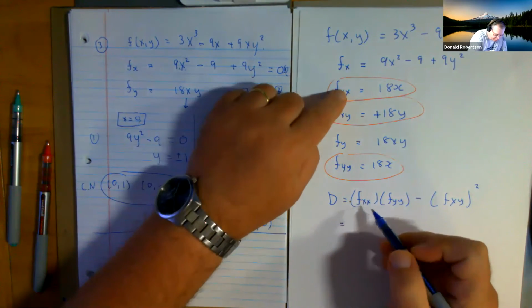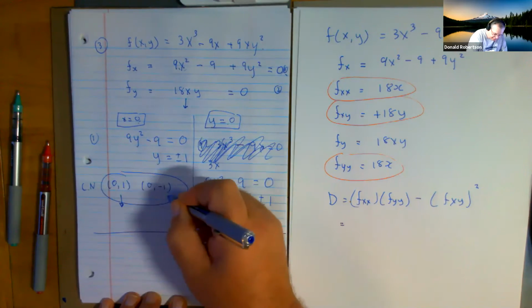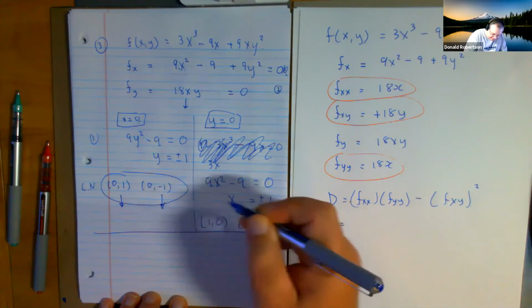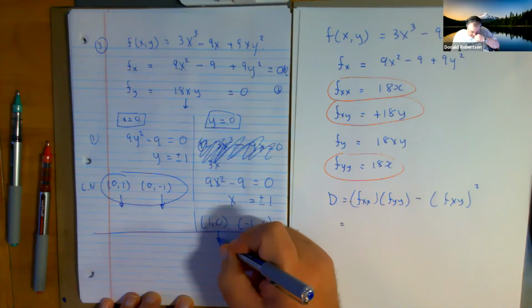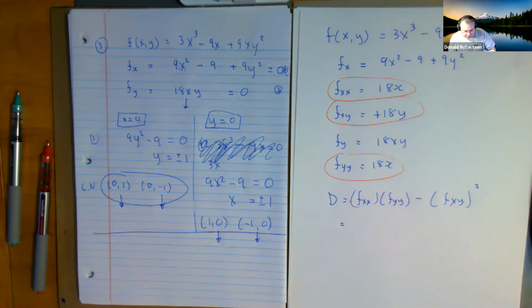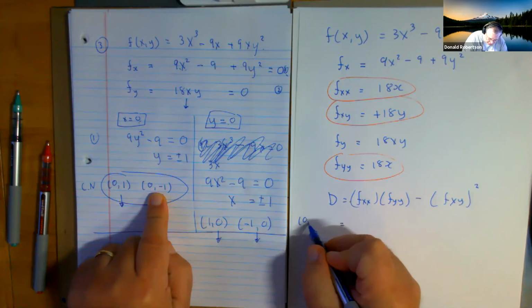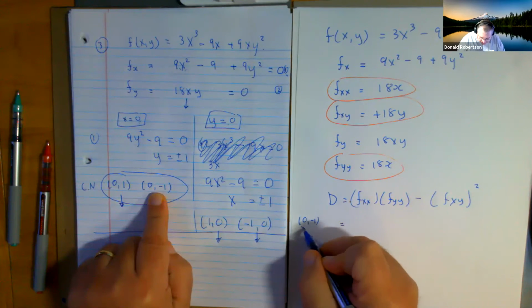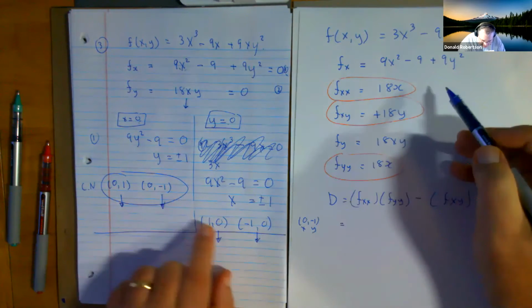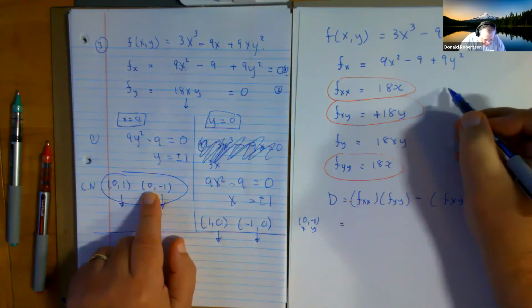Well, you choose each one of these and you find out what D is. I'm going to pick, who am I going to pick? I'm going to pick this one. So at 0, negative 1, this one will be 0.